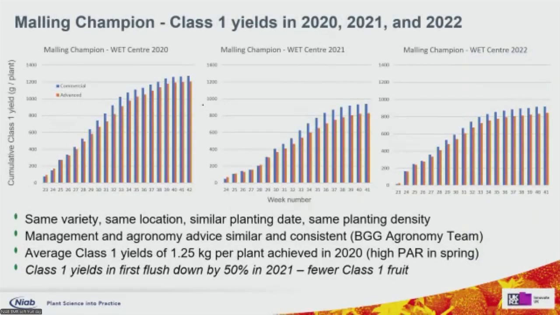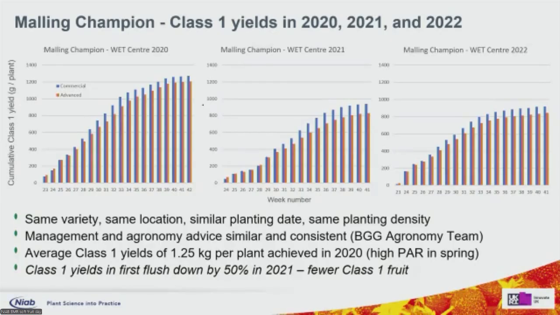And I just wanted to demonstrate how this can be evidenced, to understand the importance. With a cultivar called Malling Champion, when we grew the same cultivar from the same propagator with the same management practices in a polytunnel here at East Malling, we saw very different yields throughout the years. That was because in 2020 we had very bright summers.